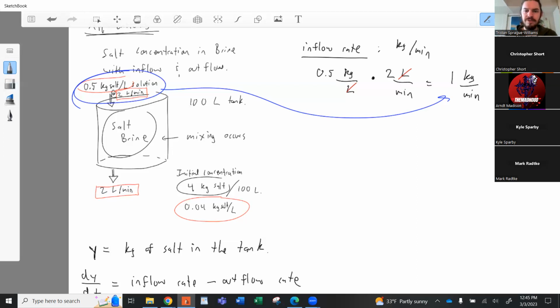So that's our inflow rate. What about the outflow rate? Well, the outflow is going to be based on the amount of salt which is in the tank already. And it's a 100-liter tank, right?